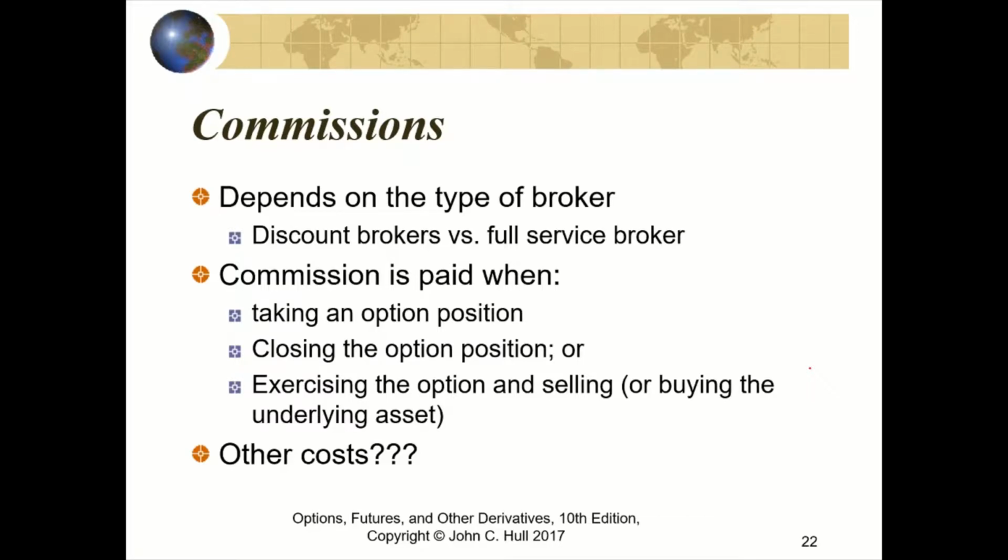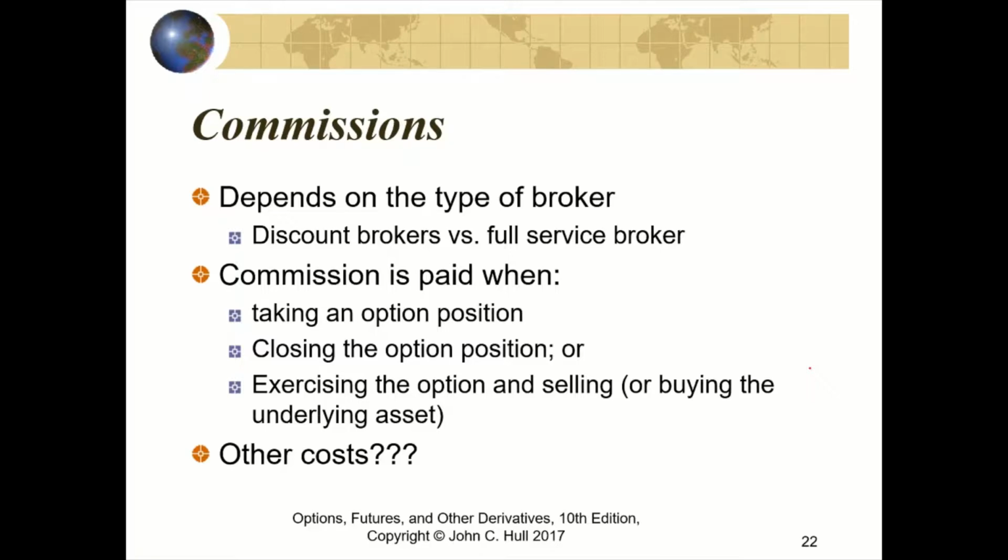We have to keep in mind, when we are dealing with options, when a commission is paid. You will pay a commission when you take an option position and when you close the option position. So you took a long position, you will pay commission.